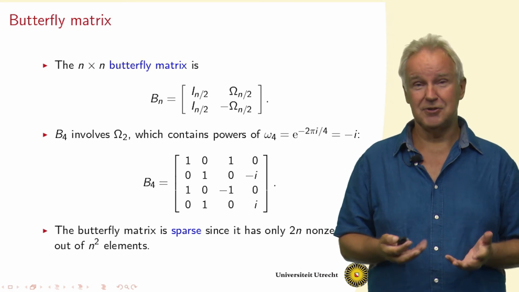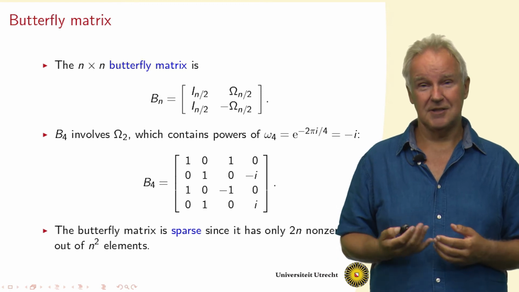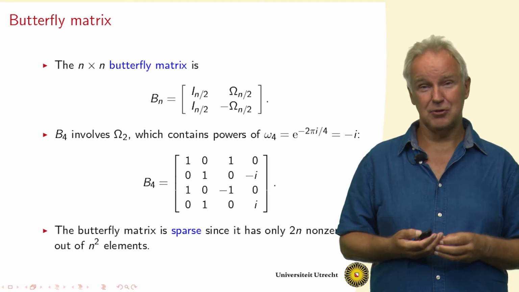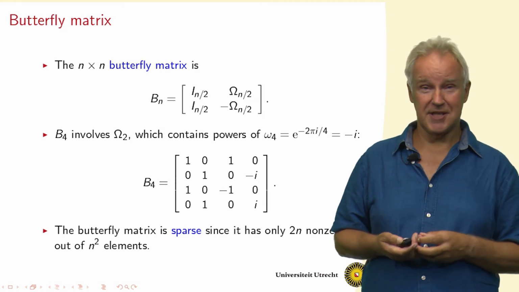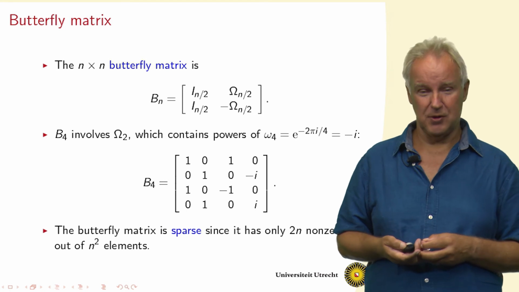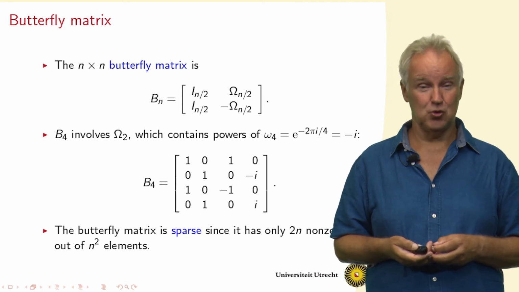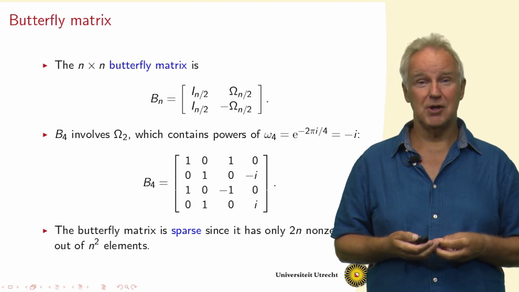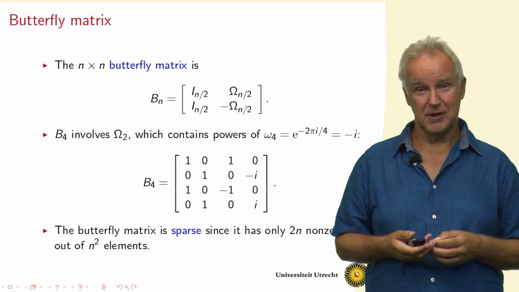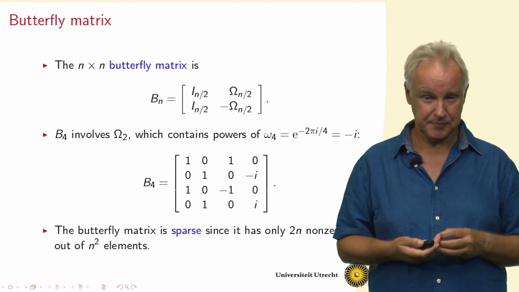Bn is just 4 blocks: 2 identity matrices, and the omega n over 2, and also with the minus sign. So as an example, if we look at B4, then the omega that is there is omega 2, which contains all the powers of omega 4. So omega 4, if you compute it, it's just minus i, the complex i.